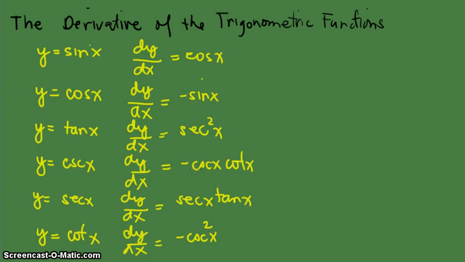For cosecant, it already appeared here, so it should appear again and then cotangent. That's why for cotangent, if we know that the pair is cotangent and cosecant, the derivative should be cosecant squared x because cosecant should appear twice. This is just my way, so you can always devise your own way on how to remember these things.